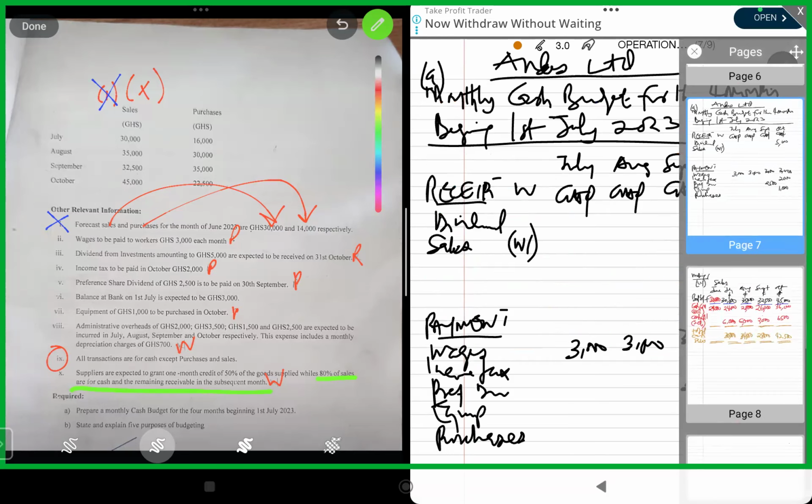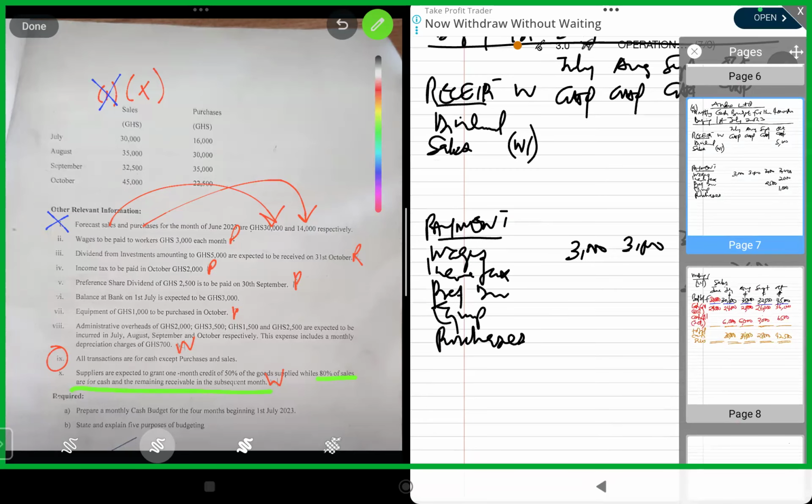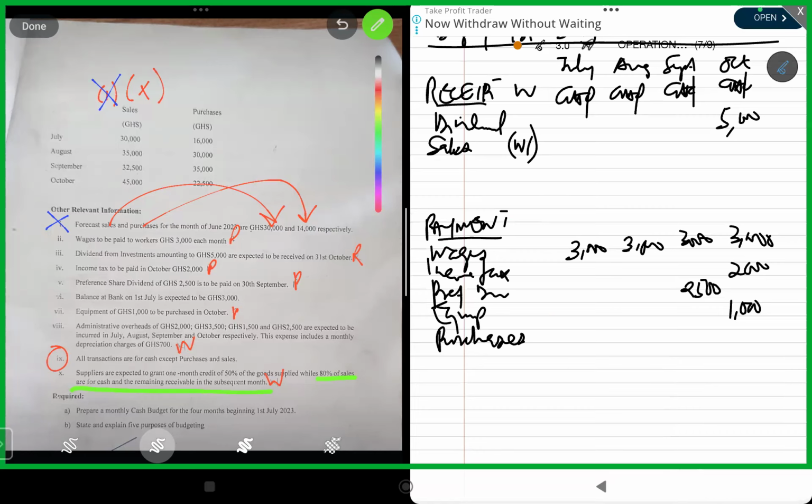So I'll go to the solution here. Sales is working one. What was the figure for July, for the total cash collection we just finished? 30,000. August is 34,000.